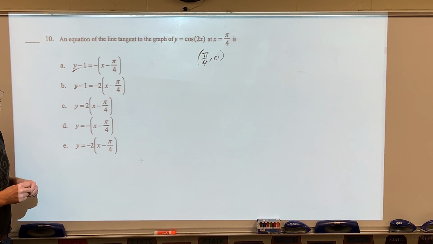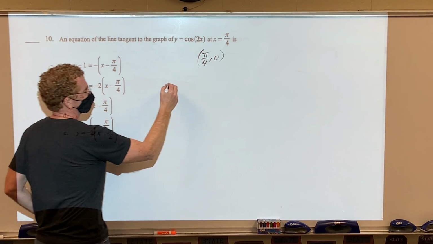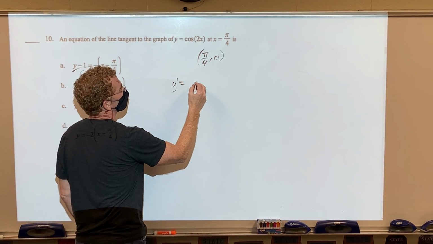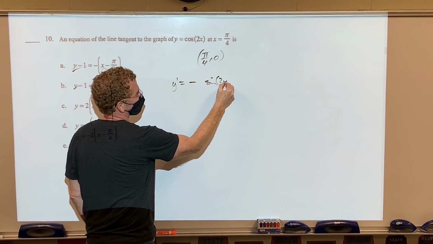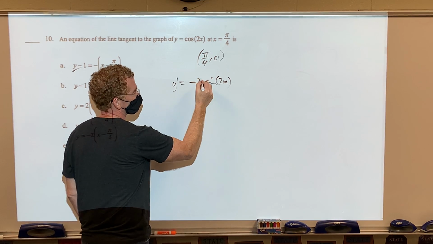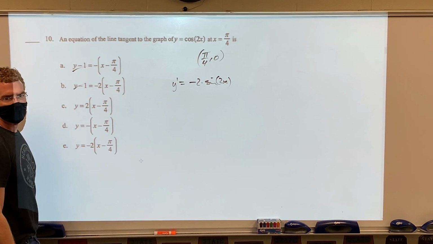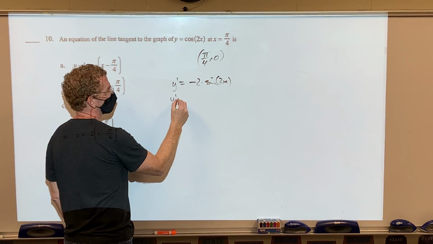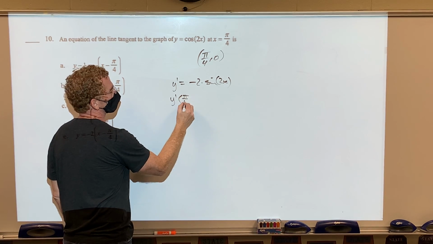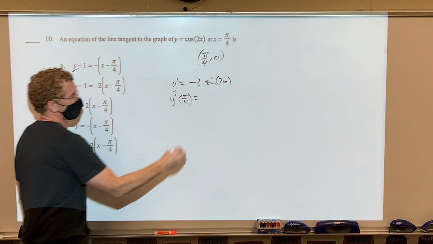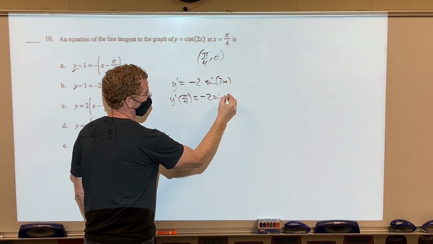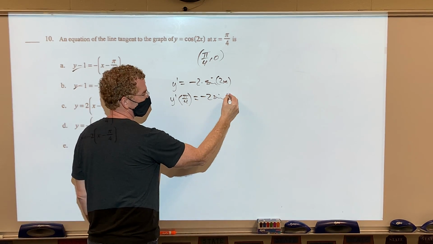And then what's your slope? So the derivative is what? Negative sine of 2x times 2. And you want the derivative at pi over 4. So what's negative 2 sine of 2 times that would be what?